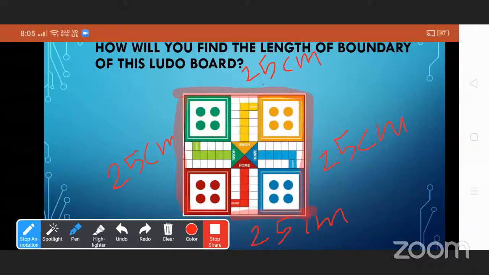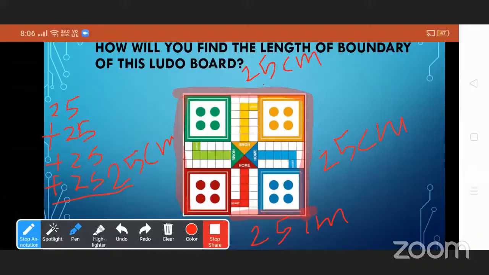We have to add all the sides. So the length of the boundary of this Ludo board is 25 plus 25 plus 25 plus 25. So what is the final answer?